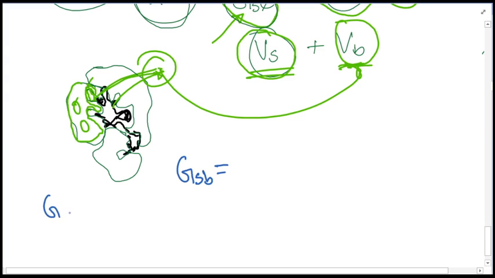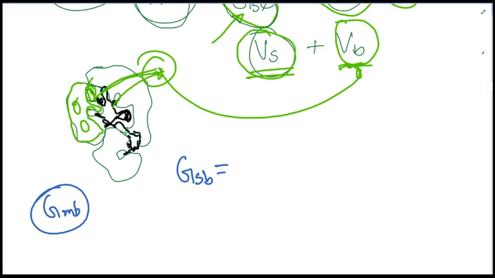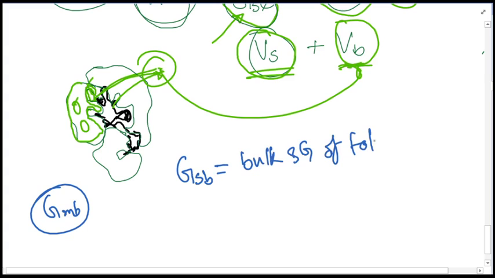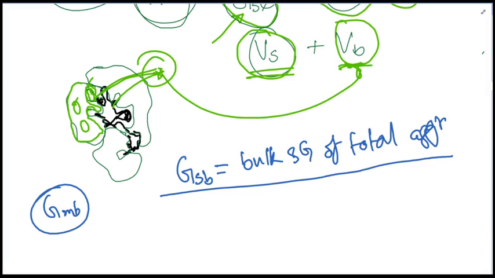Although we learned about GMB for the mixture last, GSB, as I said before, is for the aggregate only. So the bulk dry specific gravity of the total aggregate is GSB.